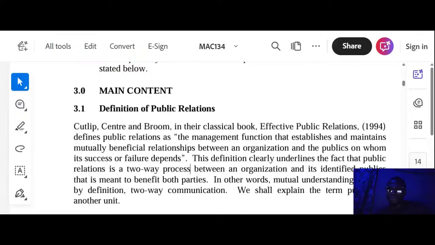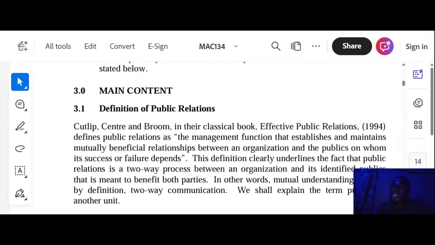According to them, public relations can be seen as the management function that establishes and maintains mutually beneficial relationships, which means from both sides there are benefits, between an organization and the publics on whom its success or failure depends.